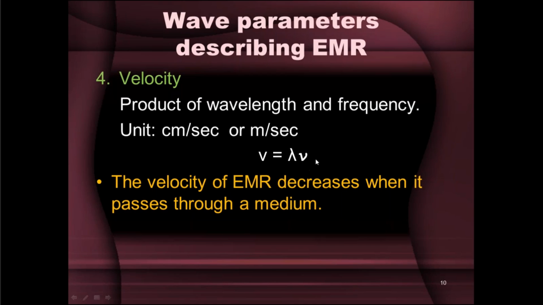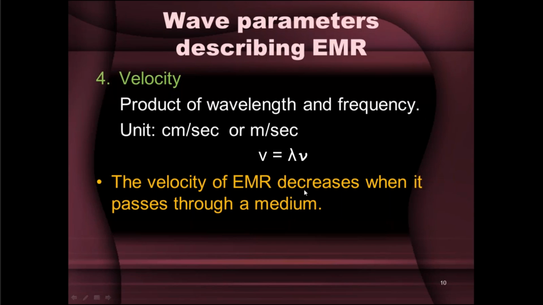Frequency of radiation is determined by the source emitting the radiation. So wavelength of the radiation will change when velocity changes. With different wavelengths, velocity will be different. So if you have a radiation with a different wavelength, then the velocity through the same matter would be different.